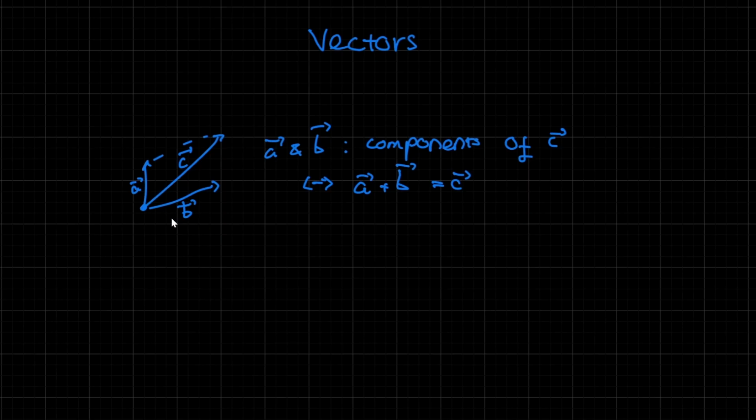But how do we actually use this to make problems easier? That's when we introduce component vectors that are perpendicular, which make this a rectangle. See, now it's like this.